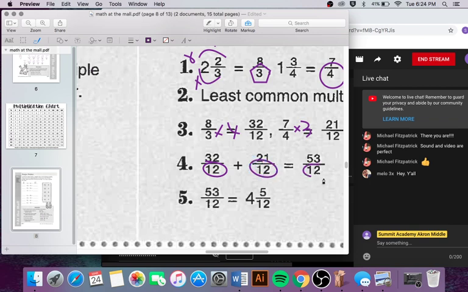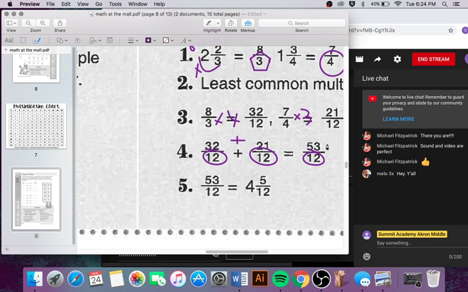The only thing you're adding are the numerators. So 32 plus 21 is 53. So our answer is 53 over 12.